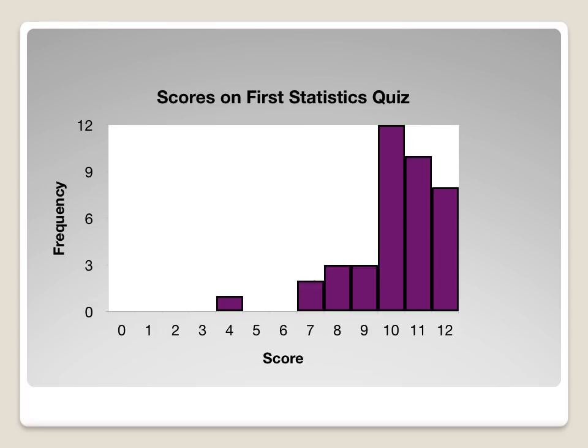If you said 12, you may have done what a lot of people do when they first calculate the mode. 12 is the number of times that the score of 10 appeared in the distribution, but we don't want the frequency, we want the score. So the score of 10 is the mode.